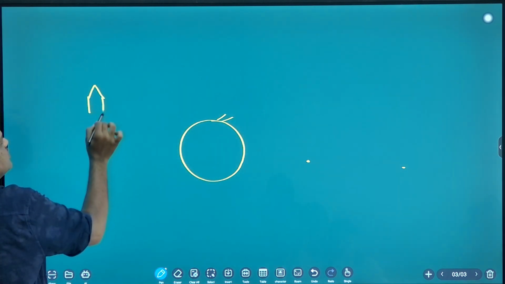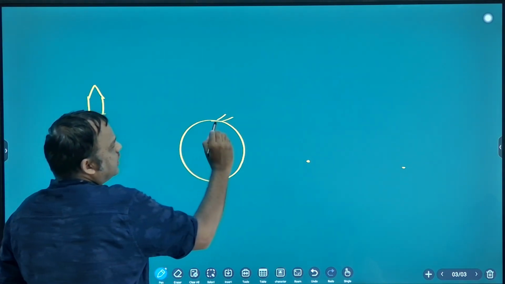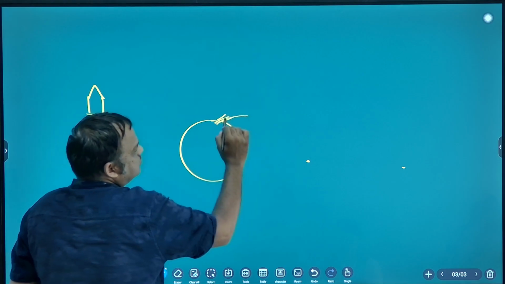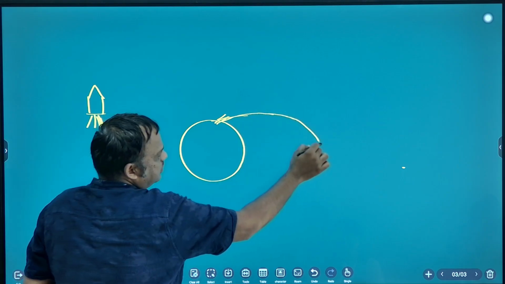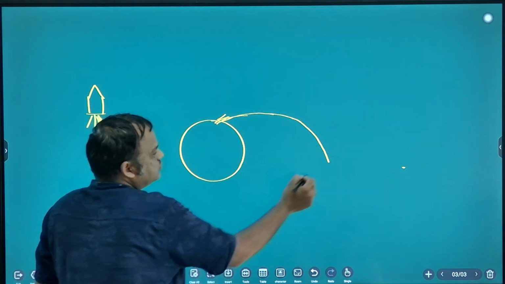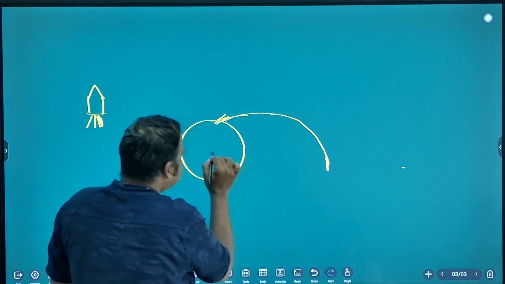All the satellites are launched using rocket. The rocket will lift off and go to a very large height, maybe up to here, at very high speed. Then the rocket will turn like this, means tangential.